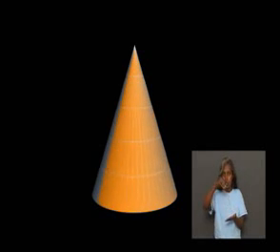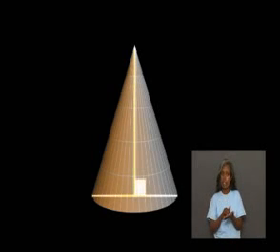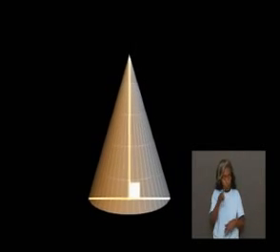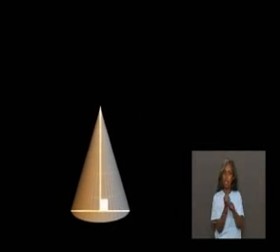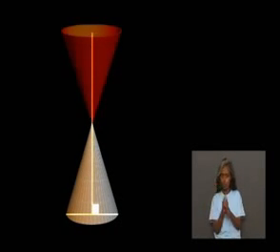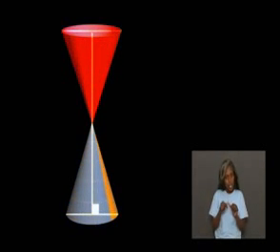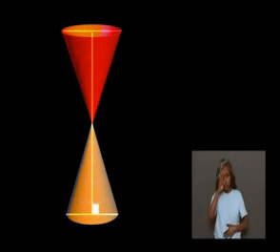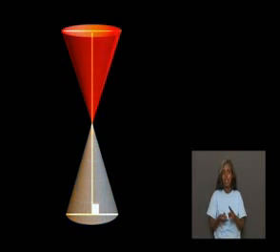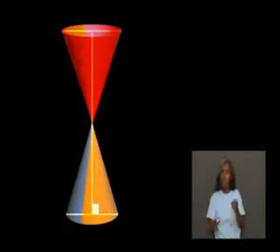A right cone has its apex aligned directly above the center of its round base. It is important to note that the lines making up the surface of the cone do not stop at the axis point. They continue through to create the shape of an inverted cone on top, and this creates the complete conic structure.